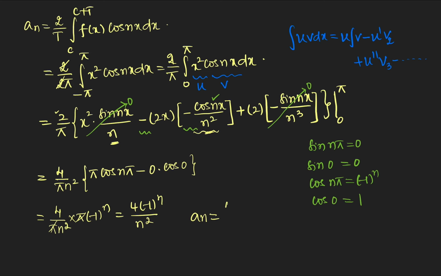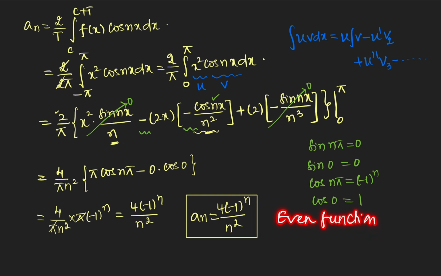So an is equal to 4 times minus 1 whole power n divided by n square. Since the given function is an even function, there is no need to compute the value of bn. Directly we can write the value of bn as 0.